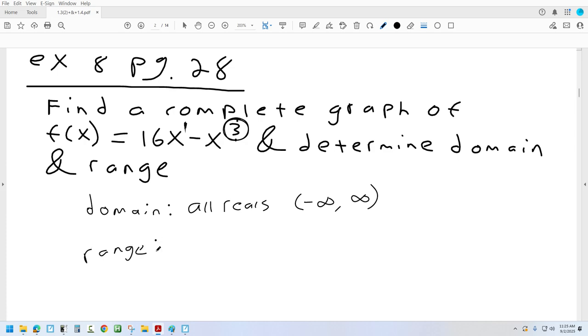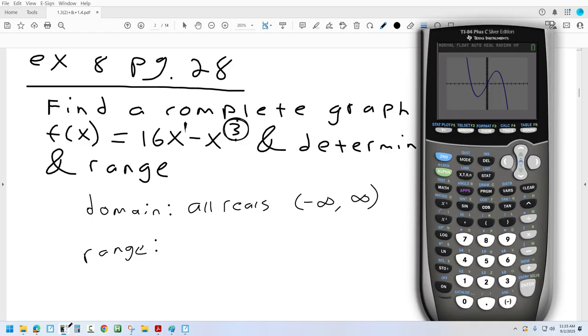Okay, range. That's the one that's a little harder. We need the sketch. The range is how far up and how far down the graph goes. Looking at the formula, how many times did I say this graph could turn on the screen? Yeah. It could turn twice.